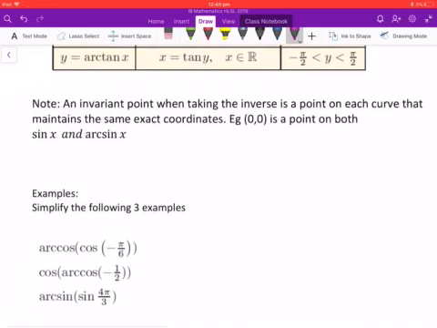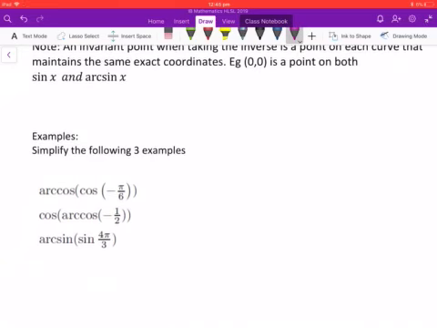Now, we want to have a look at these three examples, and these are the types of questions we think about. In some senses, arccos and cos, or arcsine and sine, or arctan and tan, undo each other. So remembering that it's y, the output, the answer to this, we want to write y equals negative pi on 6.